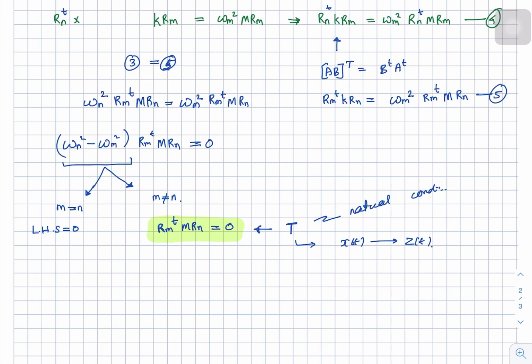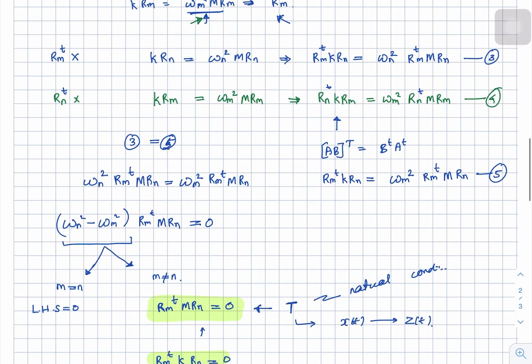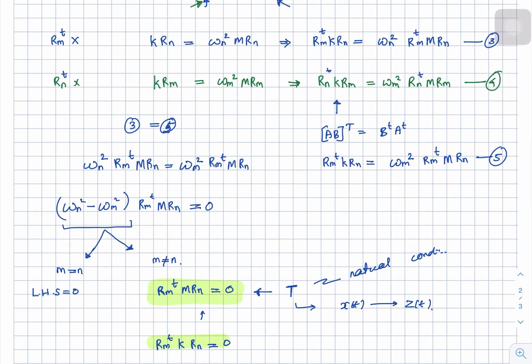Wait. In order for t to be natural coordinates, this condition should be valid not only for m, it should be valid for k also. So did we do it for k? We can do it by considering equation 3.